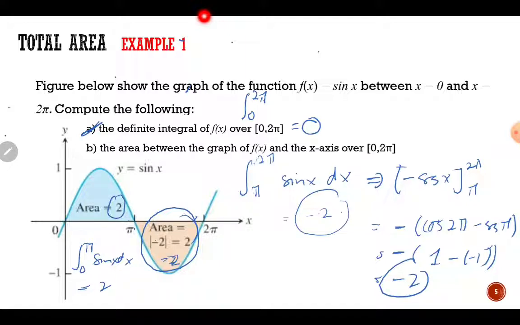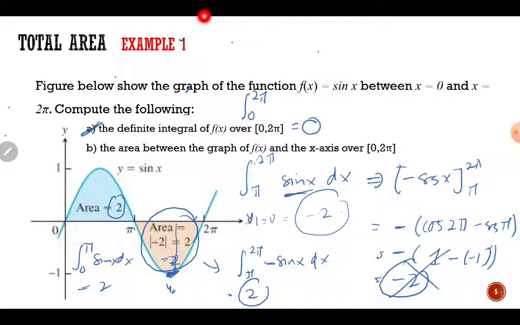To make it positive, we take the modulus, or use what I mentioned earlier: y1 minus y2. We see it is bounded by y1 equals 0, and the graph y2 is below. So the integration from pi to 2 pi, instead of sin x, we get negative sin x dx. If you put the negative in front, you will get the answer 2 straight away, not negative 2. Alright, that is very important for you to understand. The area is bounded by the upper line.